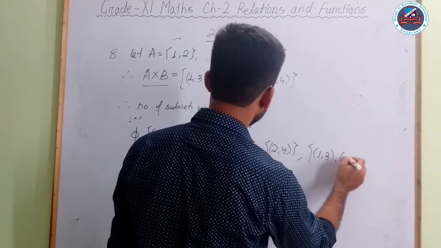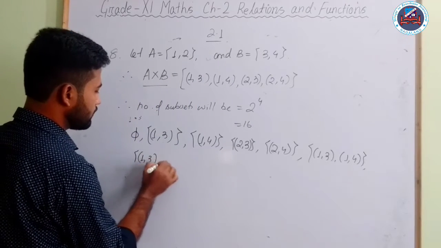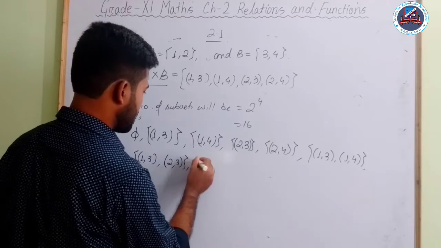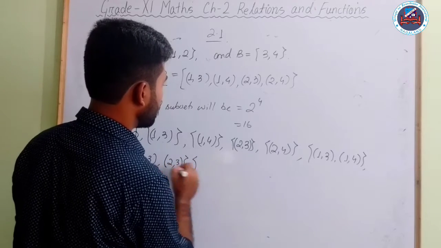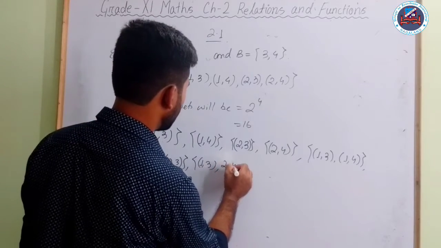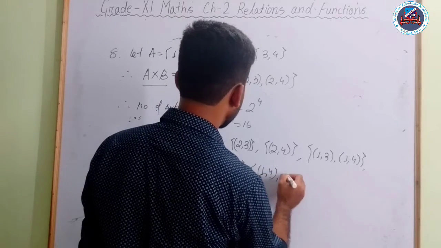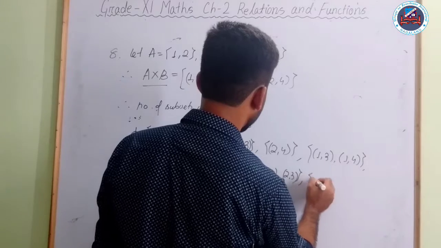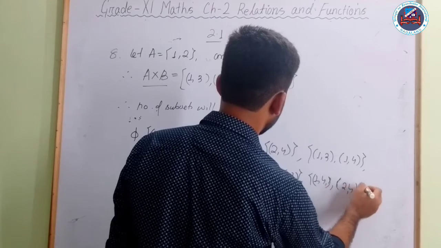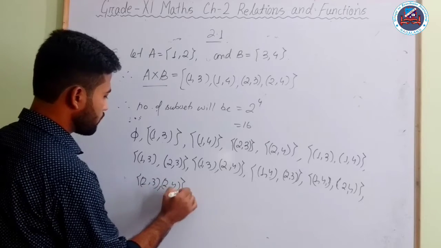Next, what can be a subset of this? Now let us consider 2 in each. So {(1, 3), (1, 4)}, then {(1, 3), (2, 3)}, close it by curly braces, then {(1, 3), (2, 4)}. So the (1, 3) case is done. Now let us take {(1, 4), (2, 3)}, then {(1, 4), (2, 4)}, then {(2, 3), (2, 4)}.